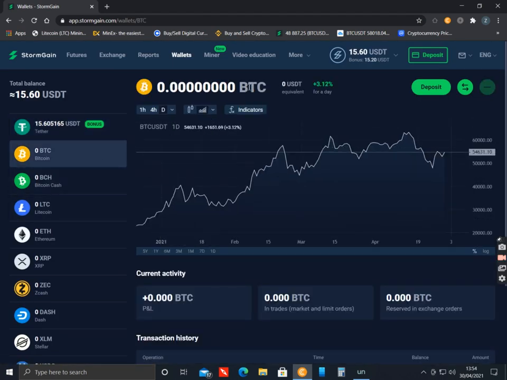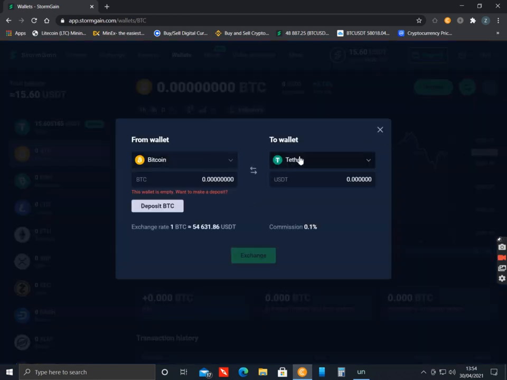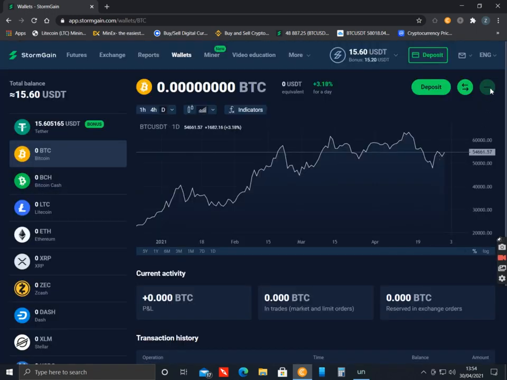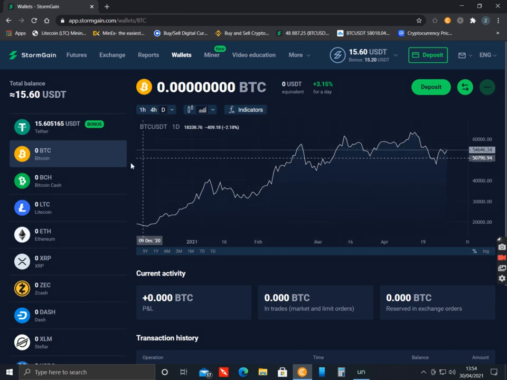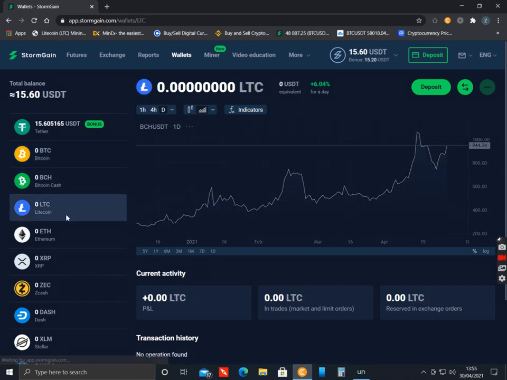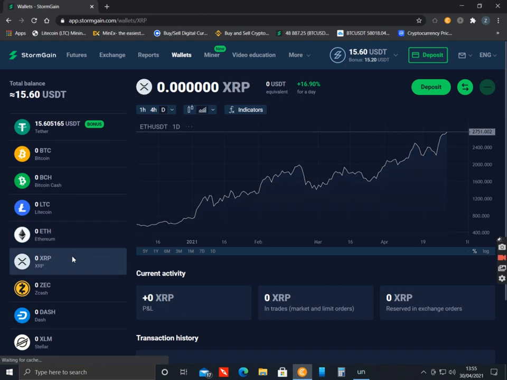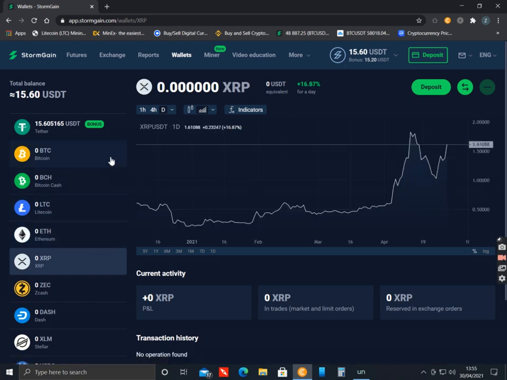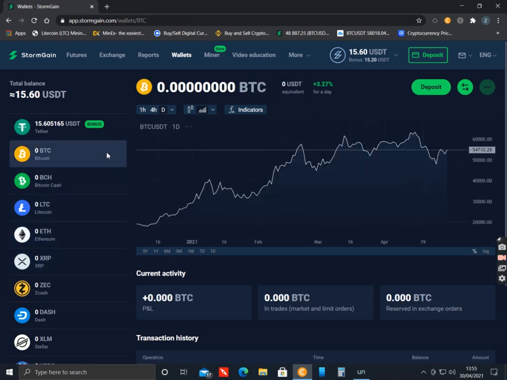So if you had any Bitcoin in here, you could swap it from Bitcoin to whichever wallet you wanted, and the little dash, the little line, is your withdraw. Obviously I can't click on that because I haven't got anything in it. But that's basically how you exchange from one wallet to another, and how you withdraw.